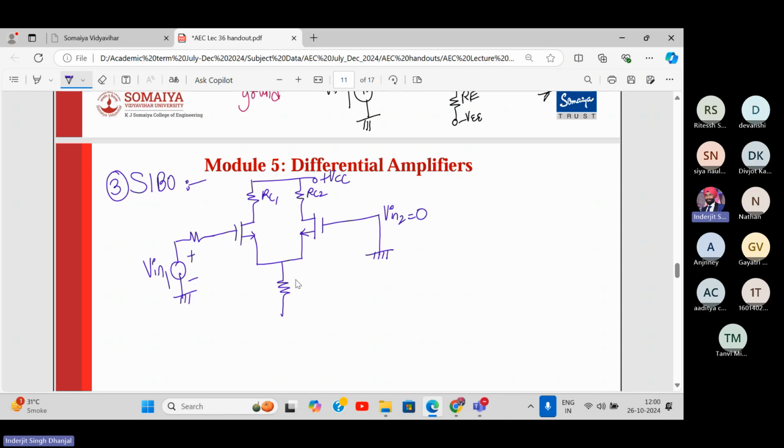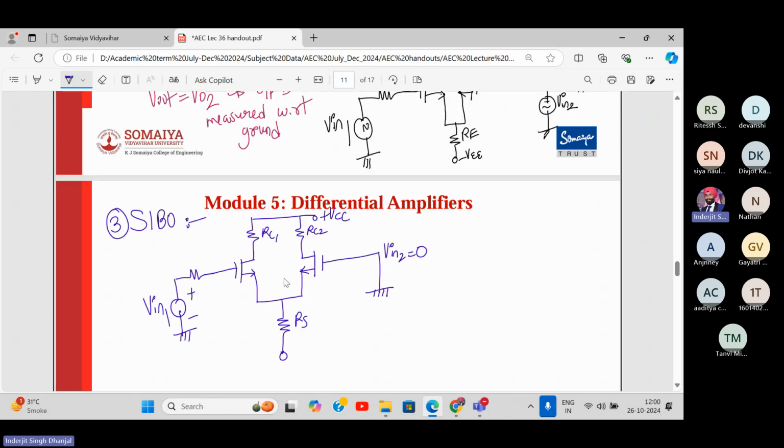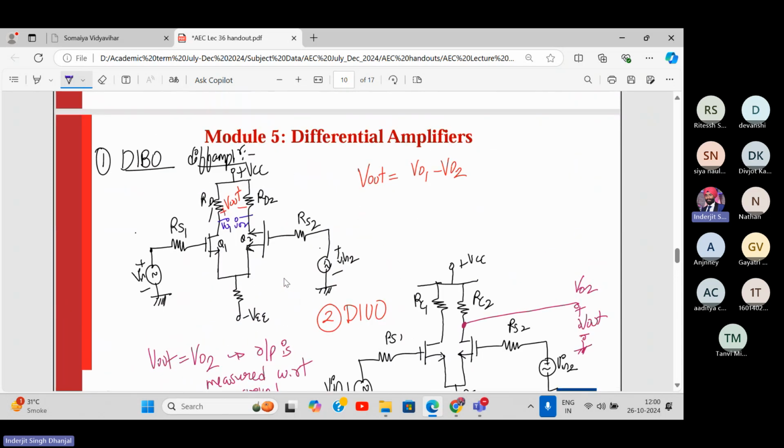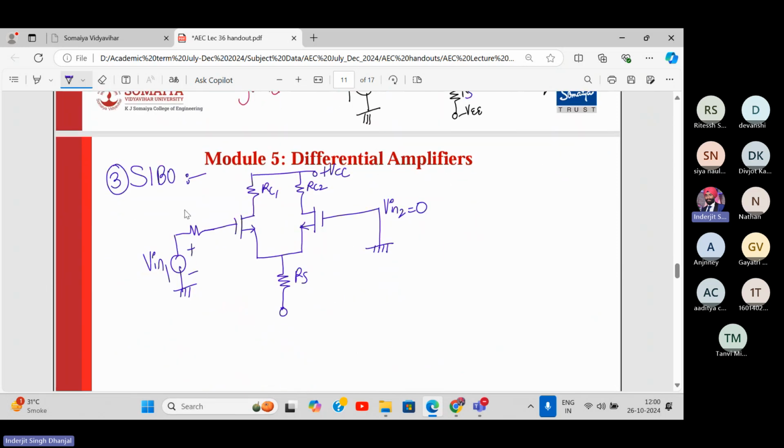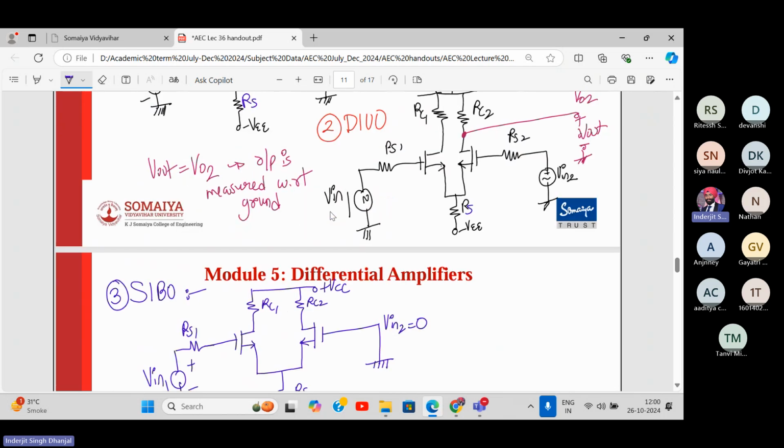And what do you mean by balanced output? This is RS. It's actually R instead of RE. No, it is RS only. Correct it as RS. So this is RS1, this is RS, and this will be minus VEE. Remember that.